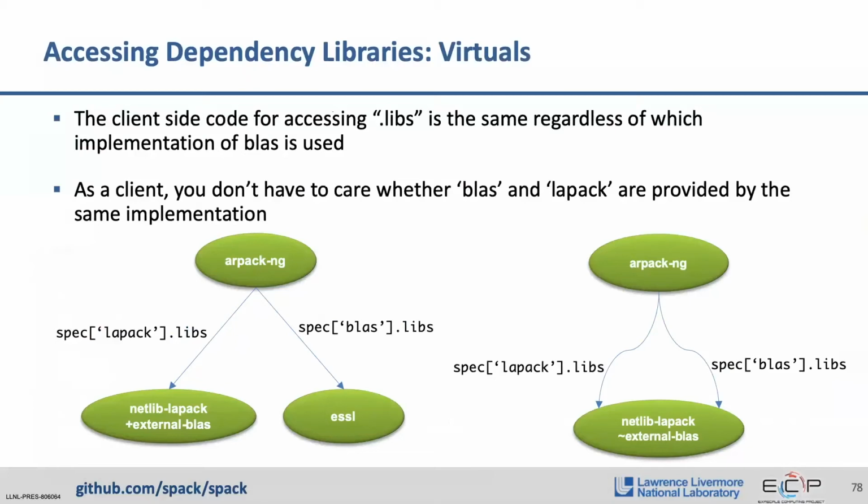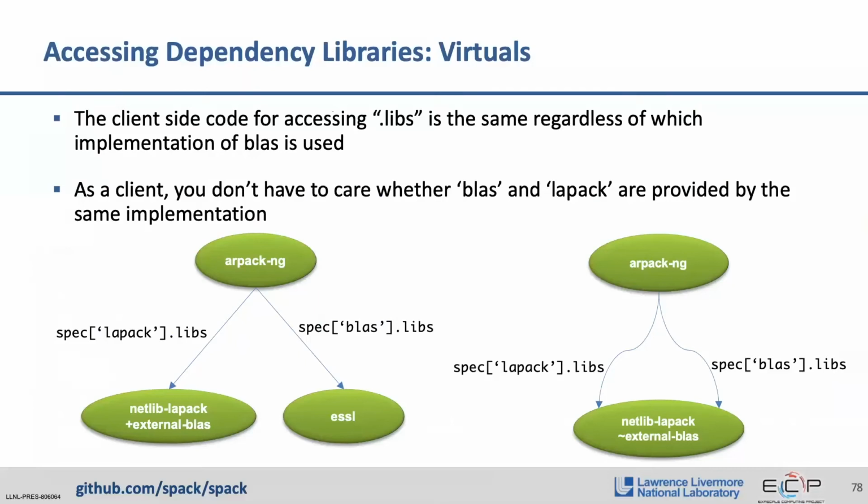So in this configuration, rpack-ng is going to build with netlib LAPACK, which is just a generic package, and it's going to build with ESSL. This is installed in one directory, this is installed in another. We're using the LAPACK interface here, and it's calling into this BLAS, and we're using ESSL for BLAS. So your providers are two different packages. This is providing LAPACK to rpack, and this is providing BLAS to rpack.